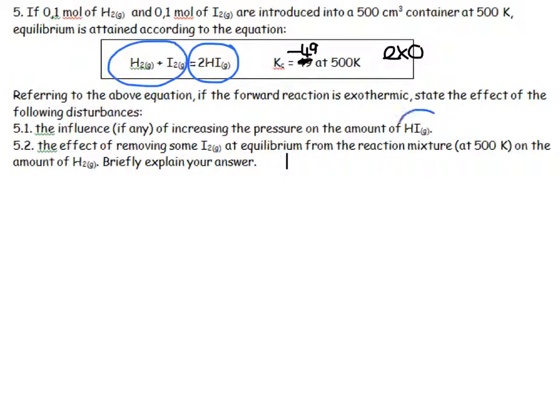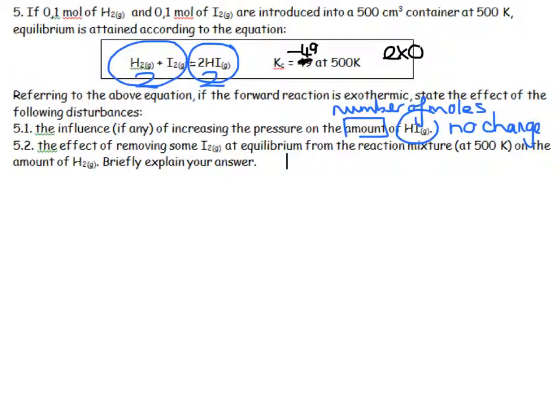In fact, they're only interested in HI, but I've got 2 gas moles on the left and 2 gas moles on the right. So the pressure amount, by the way, means number of moles. And it's going to make no difference to the number of moles. It might make a difference to the concentration because obviously I'm going to squash everything together, but I'm not going to change the number of moles of HI. So there will be no change to the number of moles of HI.